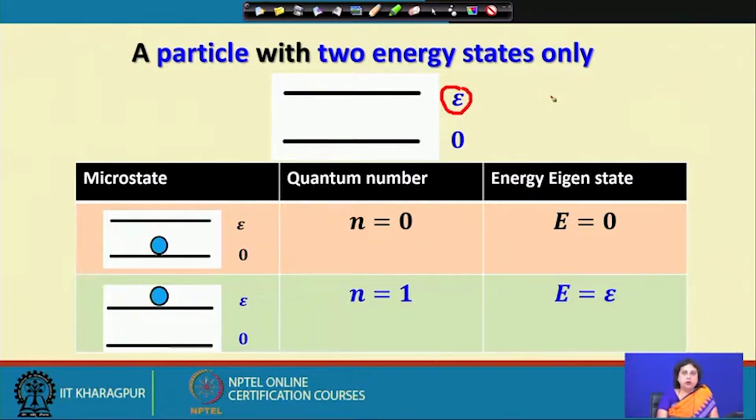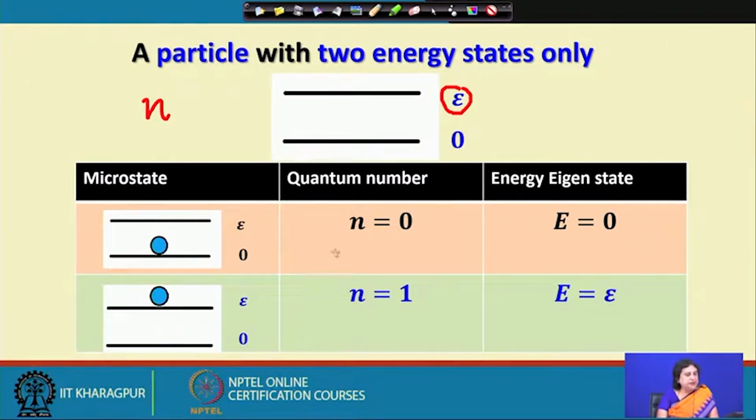If I use a quantum number, let us say that this quantum number is n. So, how many quantum numbers can I find here associated with these 2 possible solutions? Of course, there will be 2 quantum numbers associated with these 2 values.